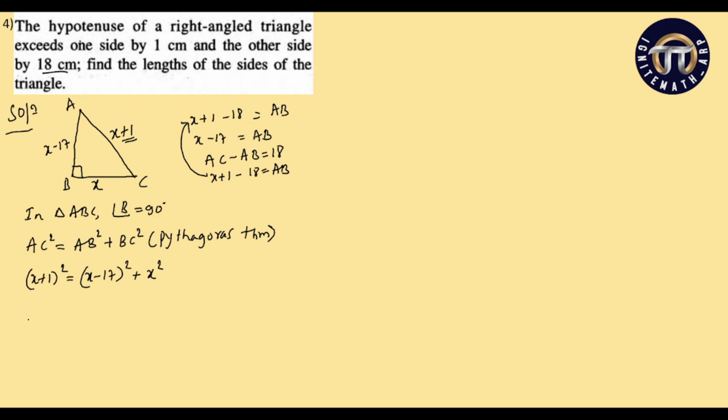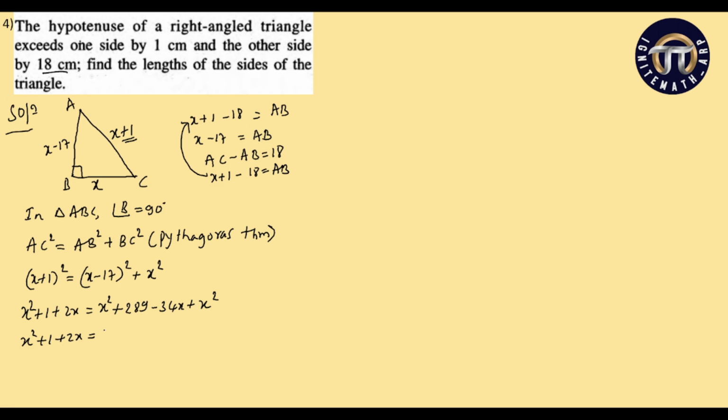So now expand using the a plus b the whole square formula. x square plus 1 plus 2x is equal to x square plus 17 square. How much is 17 square? That is 289, minus 34x plus x square. Wherever the like terms are there, you can simplify them.